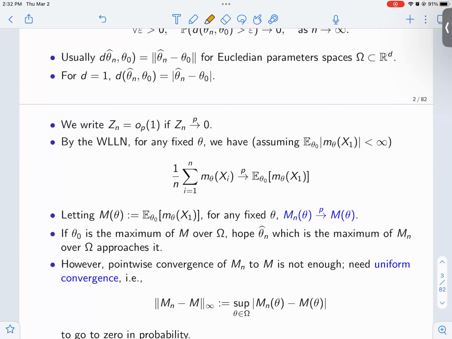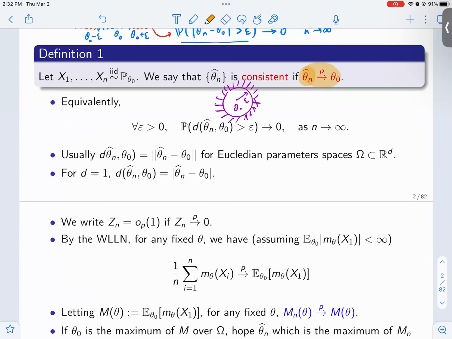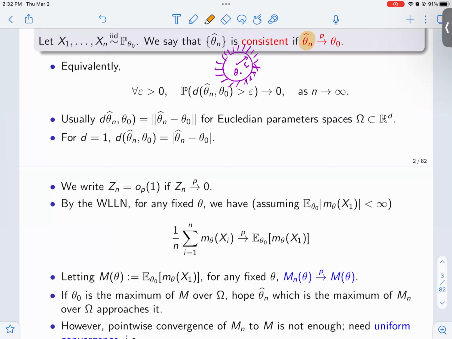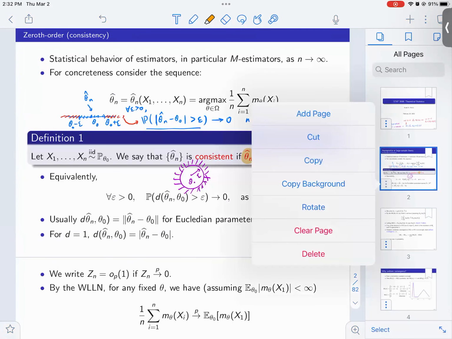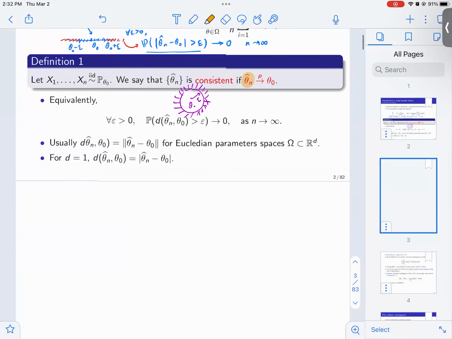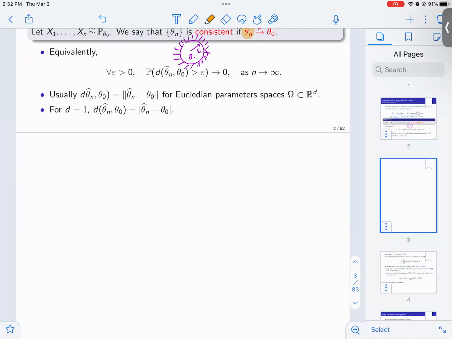Okay, so the basic source of the statements of convergence in probability, if you remember the probability course that you took, is the weak law of large numbers. The weak law of large numbers gives you the basic blueprint of convergence in probability. So what is the weak law of large numbers? Let's see how many people remember. The sample mean converges to the true mean in probability.